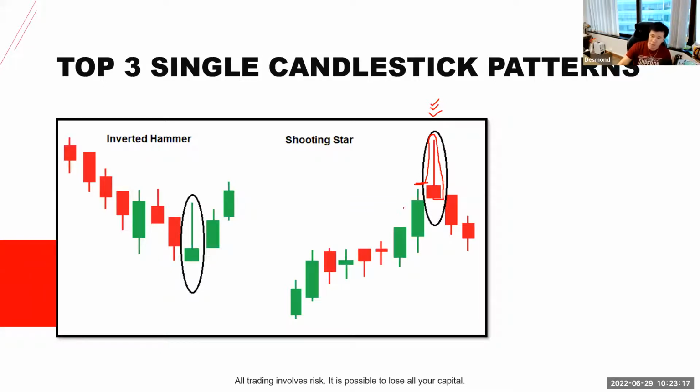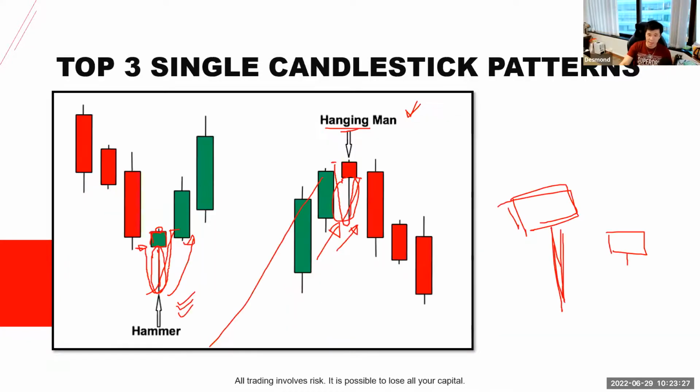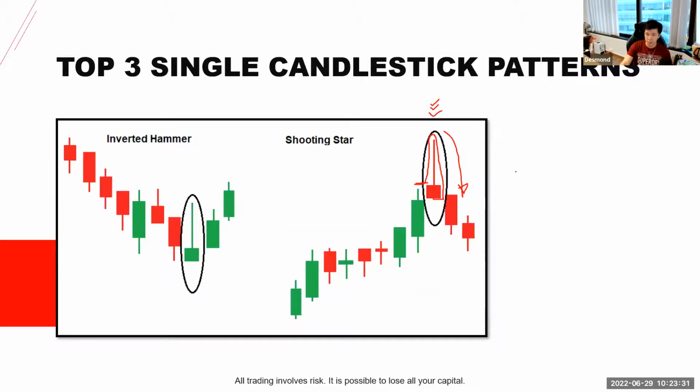That shows a lot of bearish downside momentum pushing prices down from here, which is why the shooting star formation is the equivalent of this. The shooting star formation is a very good single candlestick pattern to suggest bearishness.